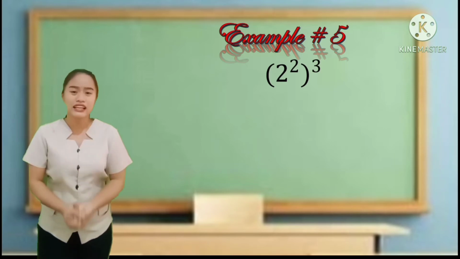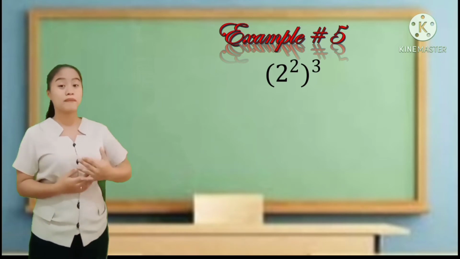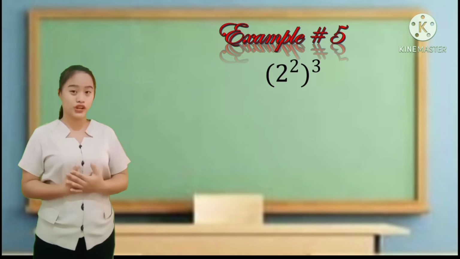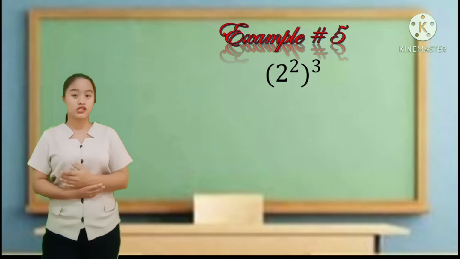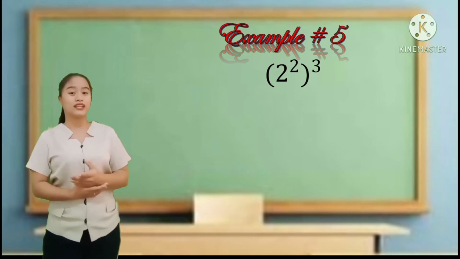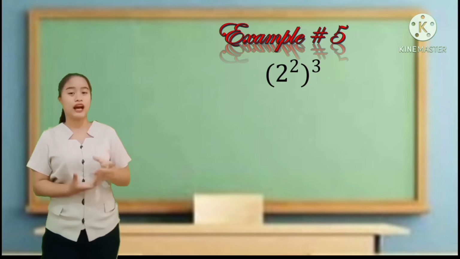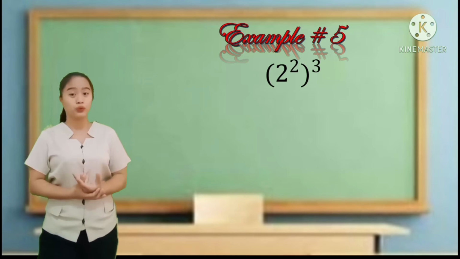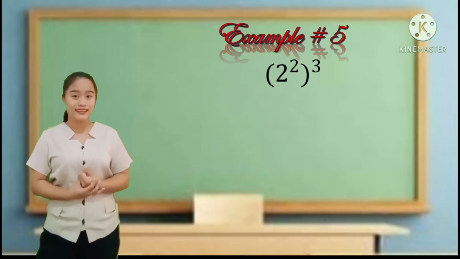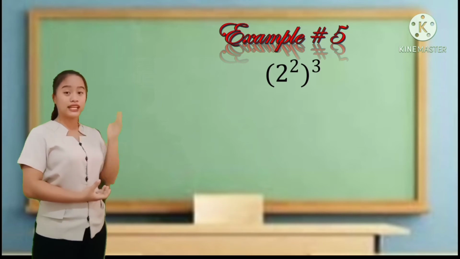But here in our next example, 2 raised to 2 raised to 3, we need to simplify our solution. When you use the expanded form or apply the laws of exponent, you will come up with the base and the exponent. But here we have a constant term, the number 2, to be multiplied to its exponent. You understand, class?